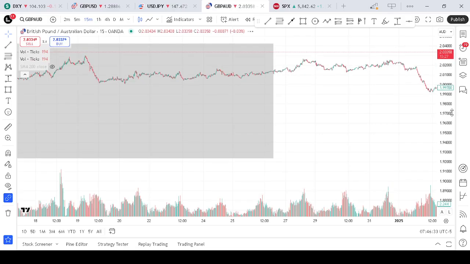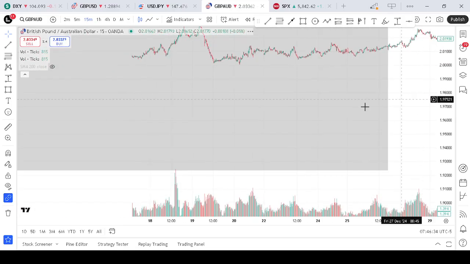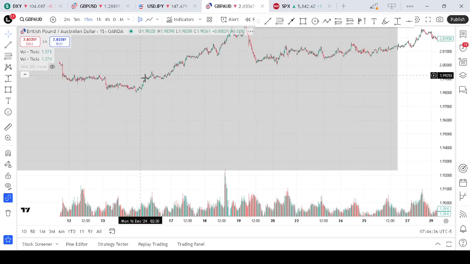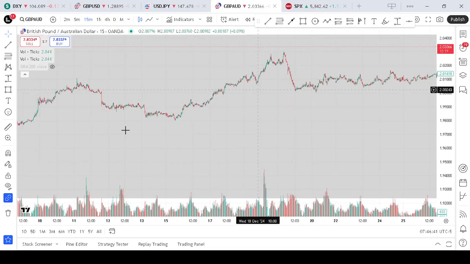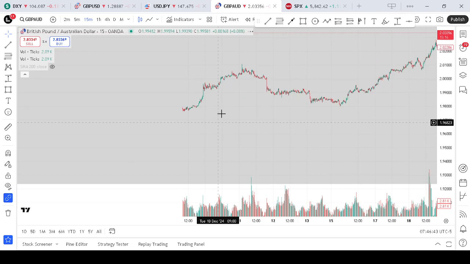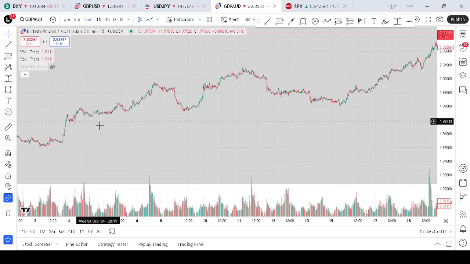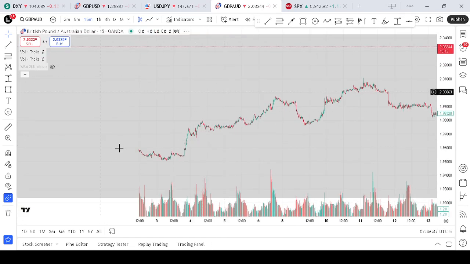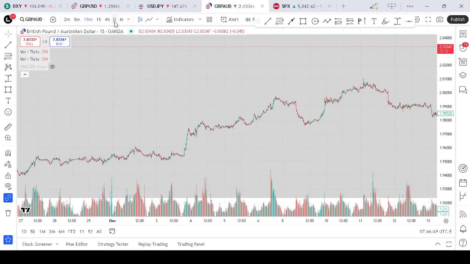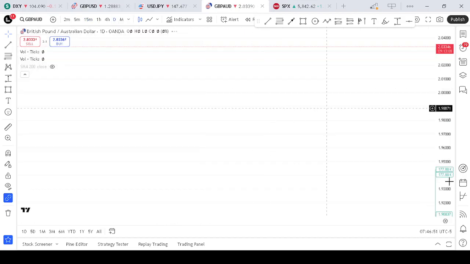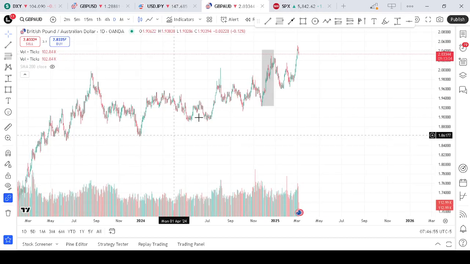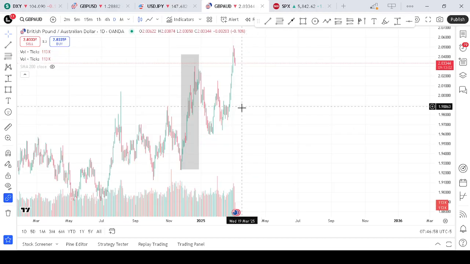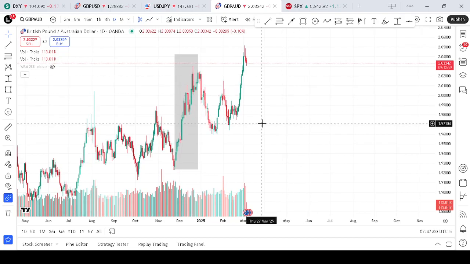Looking at this here, we can see this particular area we monitored in the higher time frame. You can see a lot of price movement, fluctuation up and down, sideways movement, a ranging market just within this area that showed us a clear market direction on the daily time frame.